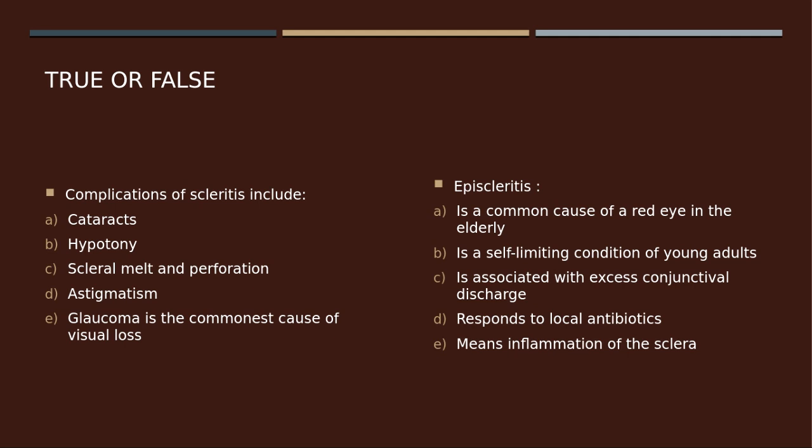Can you get astigmatism? True. Yes, you can, because remember, you can get scleral distortion leading to distortion of the cornea. So they do get astigmatism.